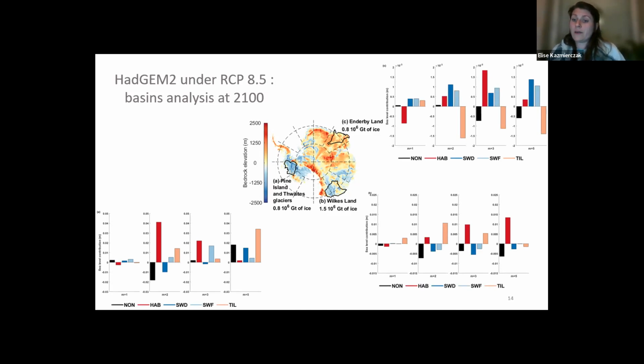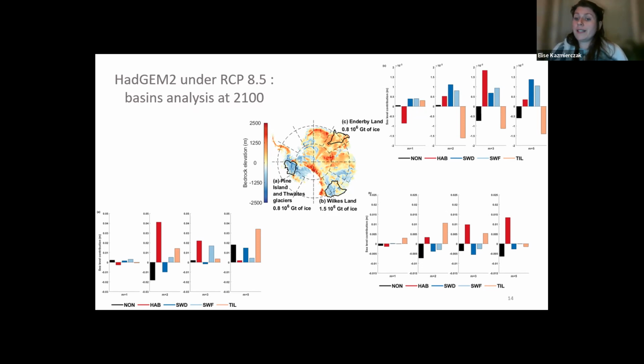You can see on these histograms, so pay attention because the vertical scale is different for each basin. The highest mass loss occurs in the marine basin of Pine Island and Thwaites glaciers, followed by Wilkes Basin. For all the basins, the viscous sliding, so when m equals 1, has the lowest sensitivity, but a higher plasticity of the sliding law does not necessarily result in a higher sensitivity. For example, Pine Island and Thwaites glaciers exhibit the highest sensitivity for m equals 2, and for Wilkes Land, it is for m equals 5.